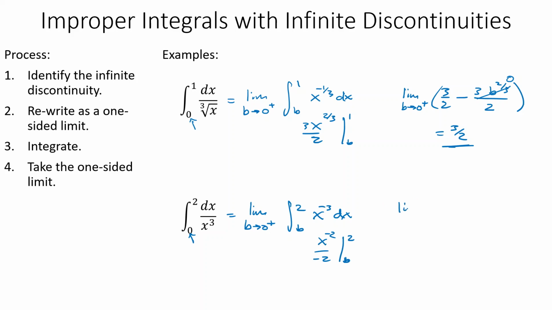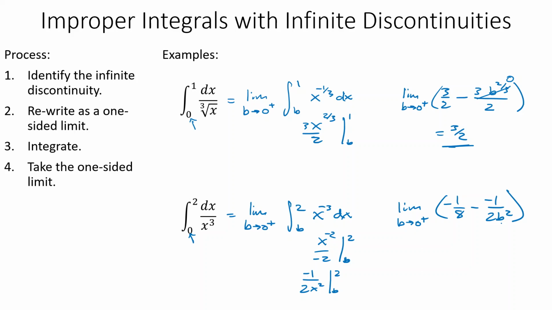So we're going to get the limit as b goes to 0 from the right of, let's say this is negative 1 over 2x squared from b to 2. So if we plug in 2, we're going to get negative 1/8 minus negative 1 over 2b squared, like that.